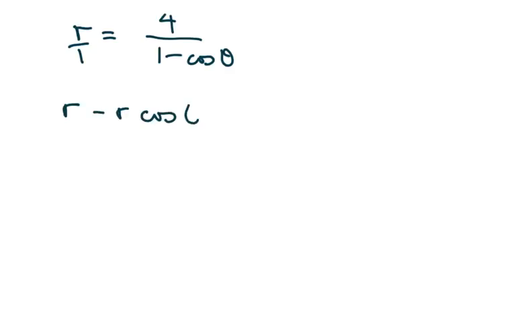Okay, the next 2 or 3 are going to be kind of hard. So you have r equals 4 over 1 minus cosine of theta. For this one, what I'm going to do is cross multiply, and I get r minus r cosine of theta equals 4.